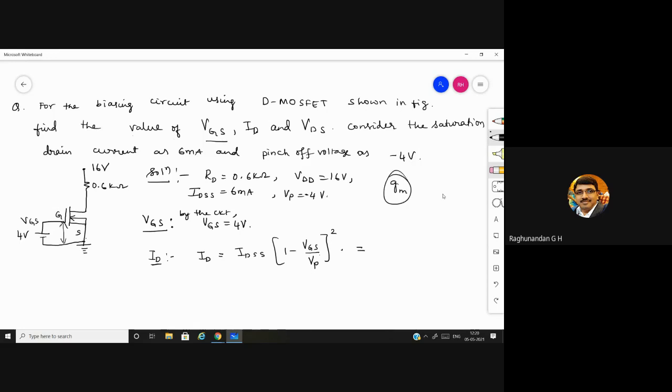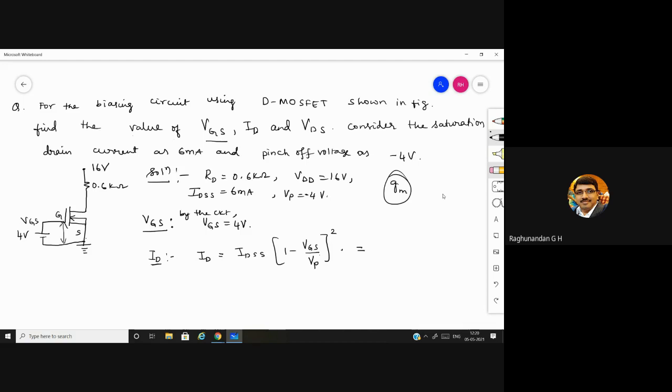There we consider the magnitude of VP. Here it will be just VP. Please remember this: magnitude will be considered only in the transconductance equation.